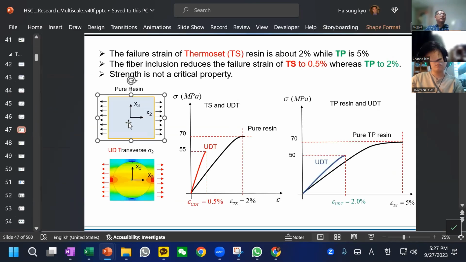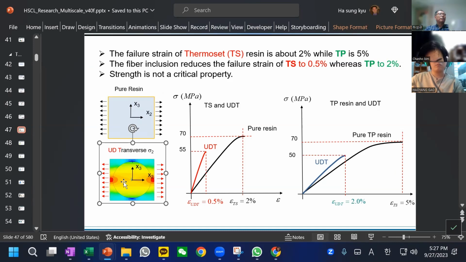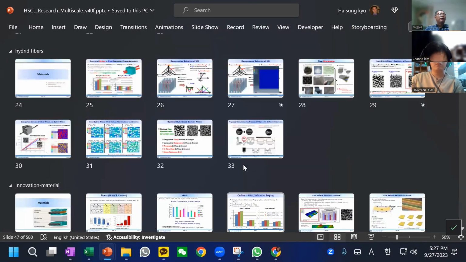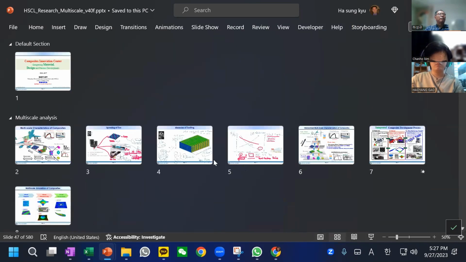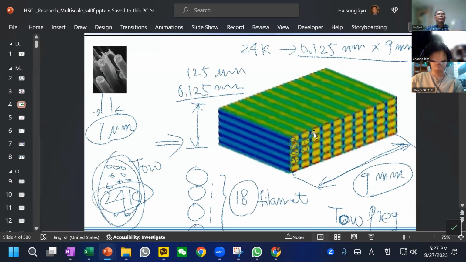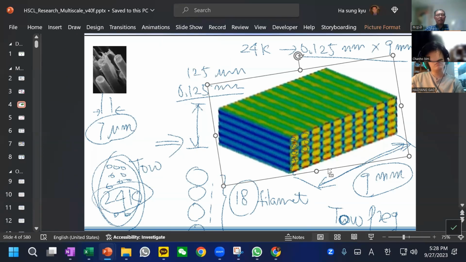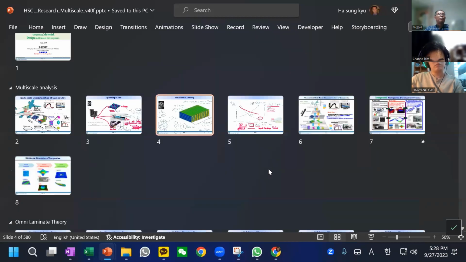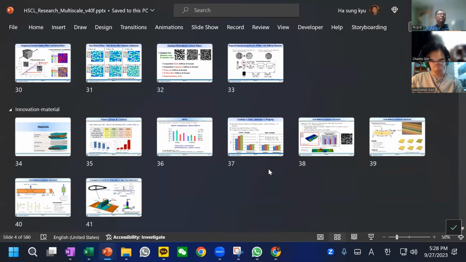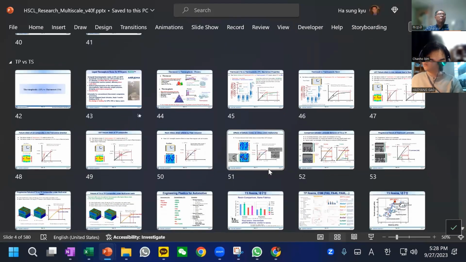So imagine that we have a pure resin, just a resin, and we impregnate a fiber. Imagine you have lots of fiber and the resin impregnates it. This is what we mentioned about the tow.